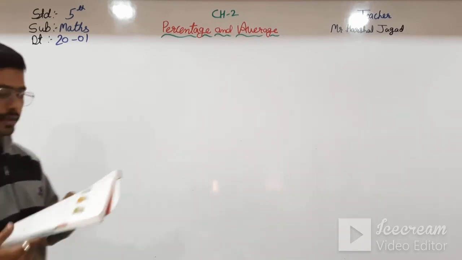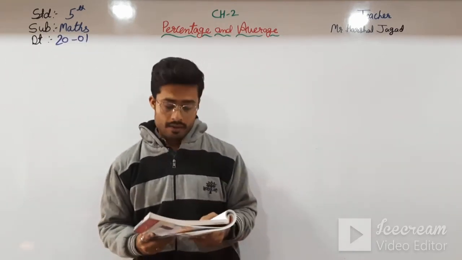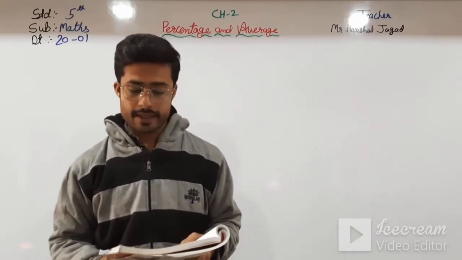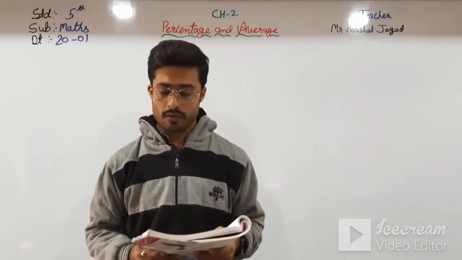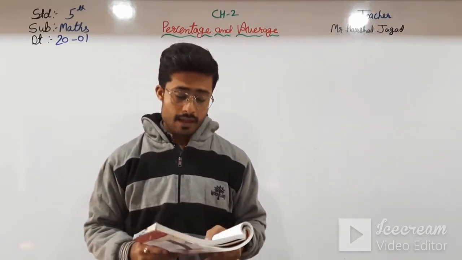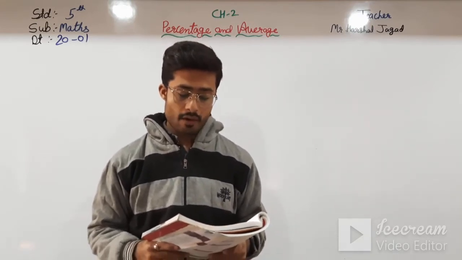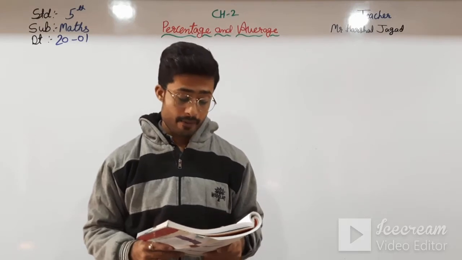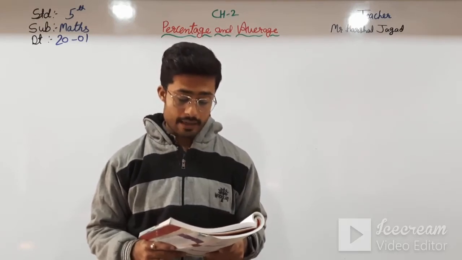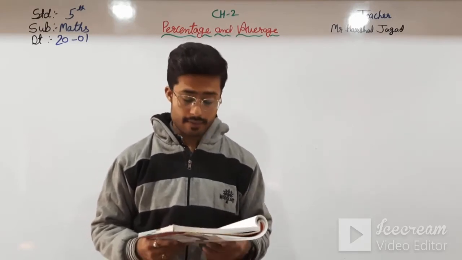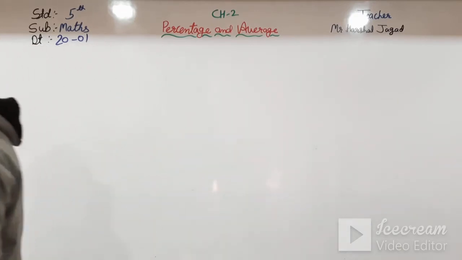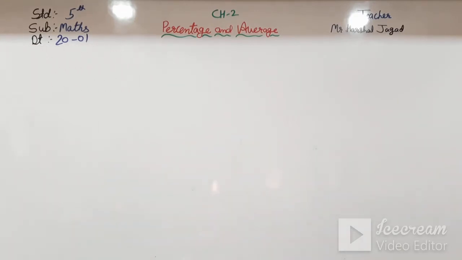Here, the average of 2 or more values is obtained by dividing the sum of all the values by the total number of values. The values should be of the same type. The average can be a whole number or a decimal. Here you can see the formula of average is given.